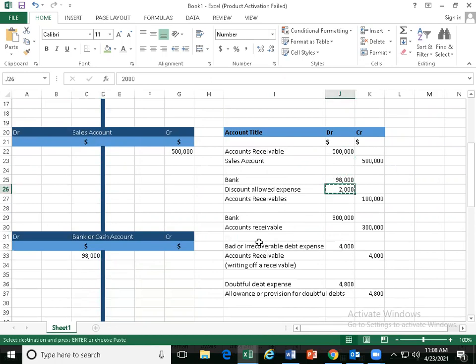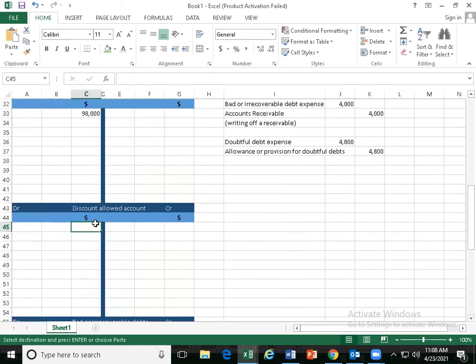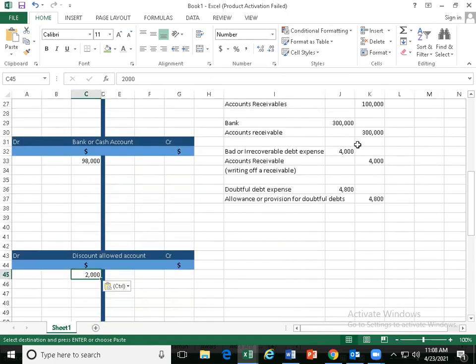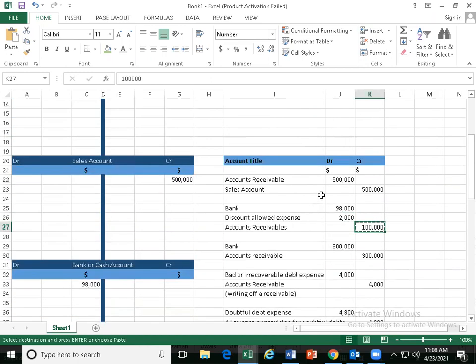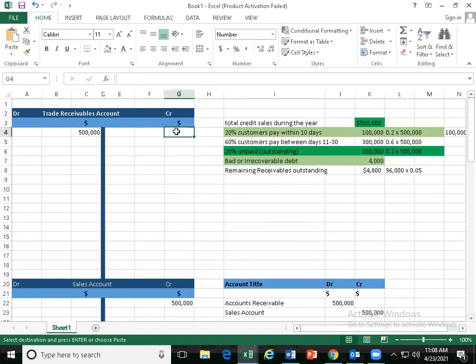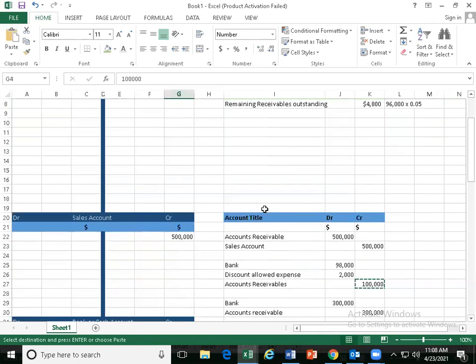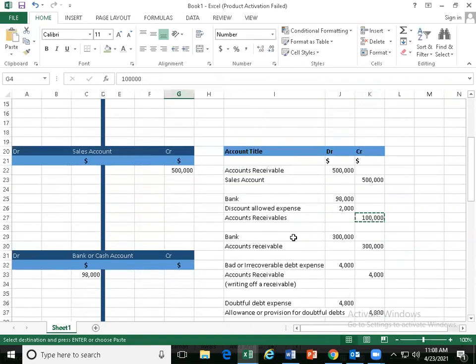Discount allowed, here is debit because it's an expense. Okay. And here is account receivable on the credit side. Then 300,000 goes into the bank. And this goes into the receivables.